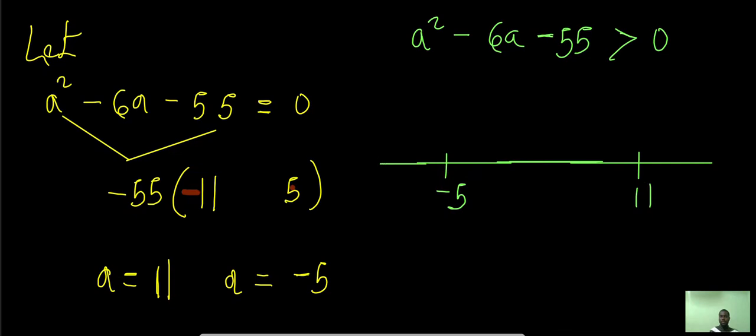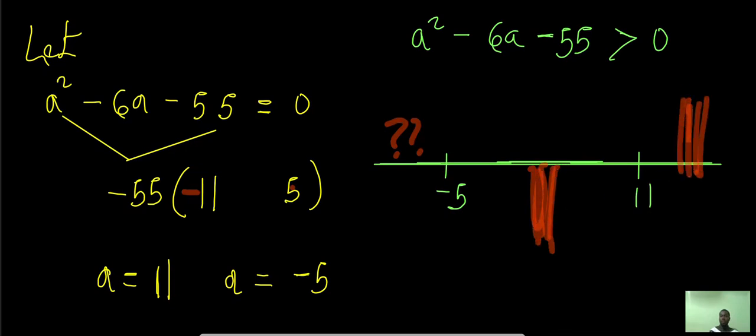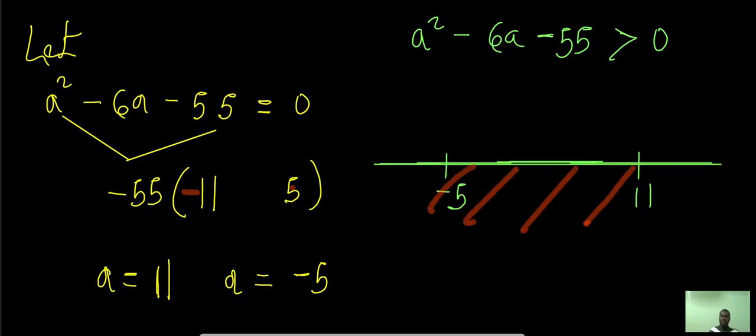So to figure out the answer of quadratic inequalities, you need this. Now the answers can be in this region, or this region, or this region. So these are possible regions where the answer can be: here, here, here. And I'll quickly share a secret with you. For quadratic inequalities, the answer can either be here, where you have to merge minus 5 and 11 as a single answer, merge the inequality.